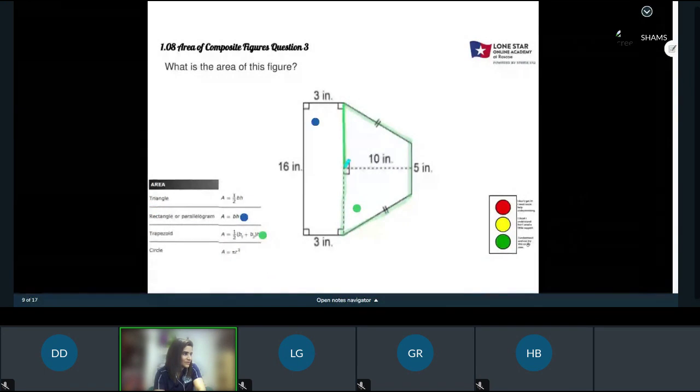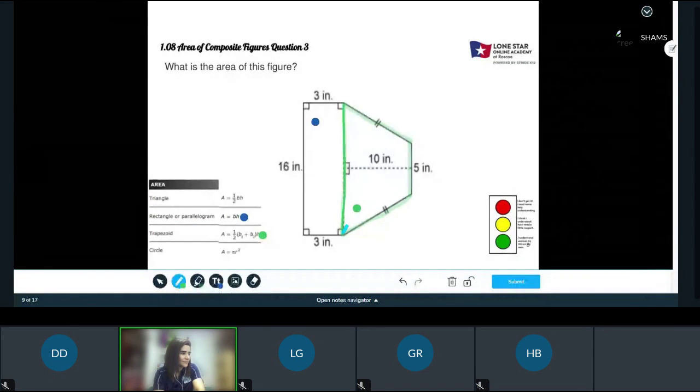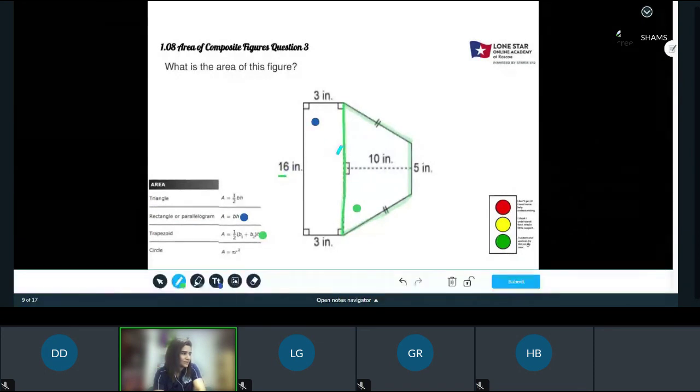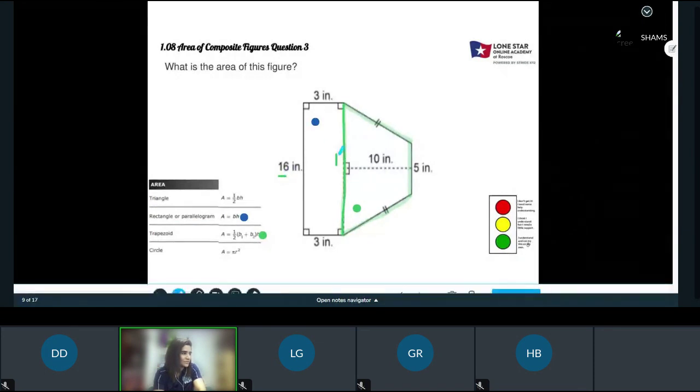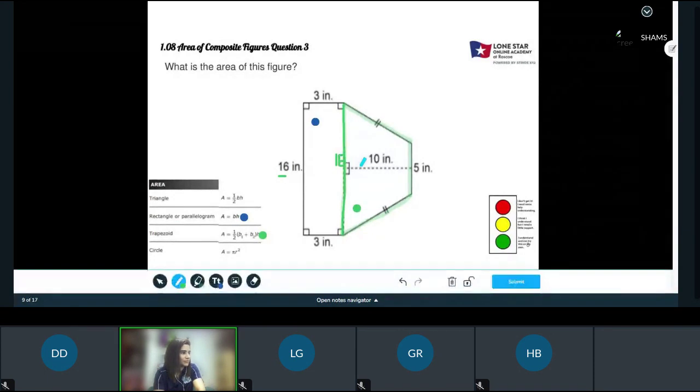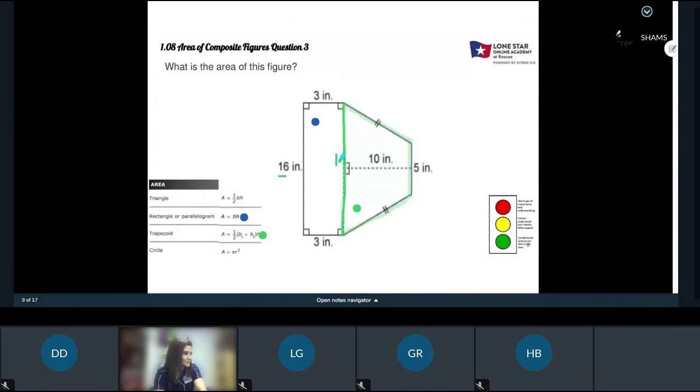So I can say this is one base and it is how much? It is 16. Base 1 is 16, right? This is base 1.